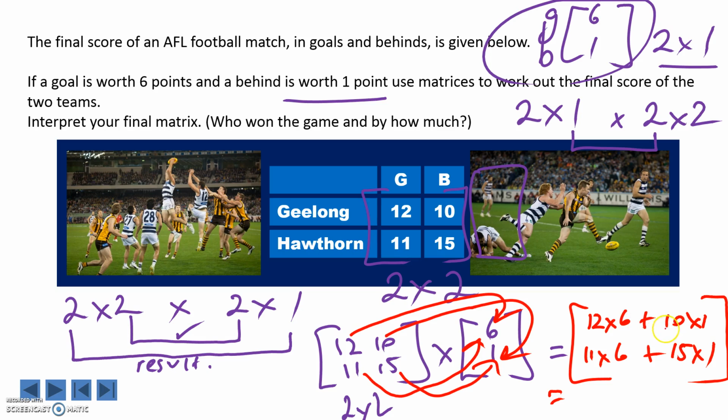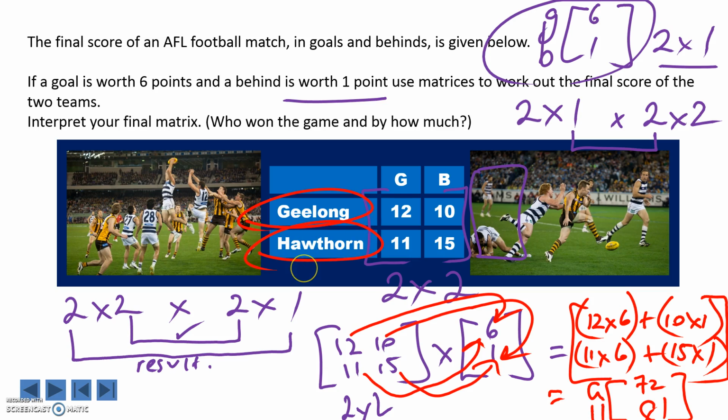So 12 times 6 plus 10 times 1 actually gives us a value of 72. 11 times 6 plus 15 times 1 gives us a value of 81. So even though they're not written down, we know the first row is Geelong and the second row is Hawthorn.